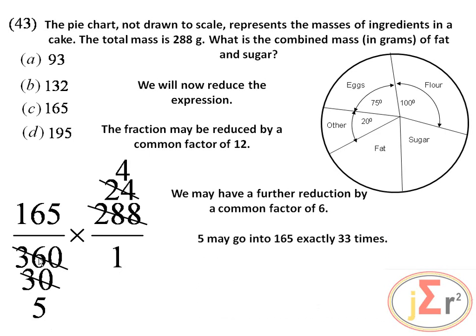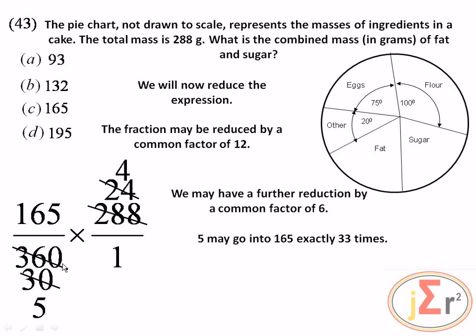And of course, we see a common factor 5 here. 5 may go into 165 exactly 33 times. So 5 into 16 is 3 times and carry 1. 5 into 15 is 3 again, so we have 33.